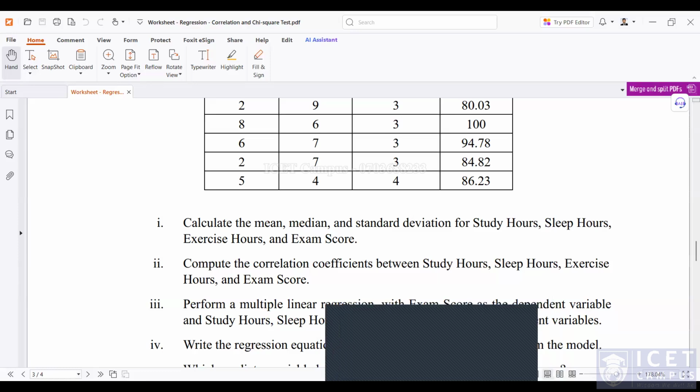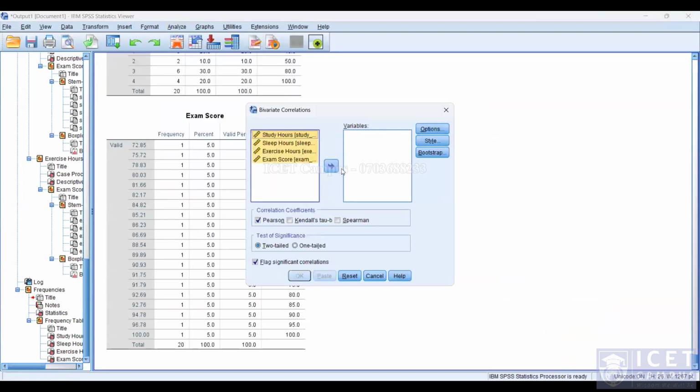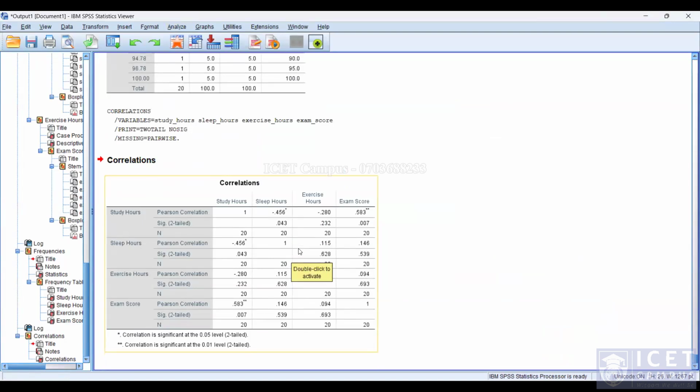Then we can go analyze, correlate, bivariate. Yes, again we have to take all four variables. Correlations, yeah. These are the correlations. But under this one, okay, negative.